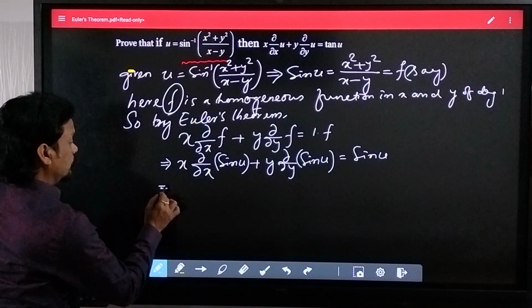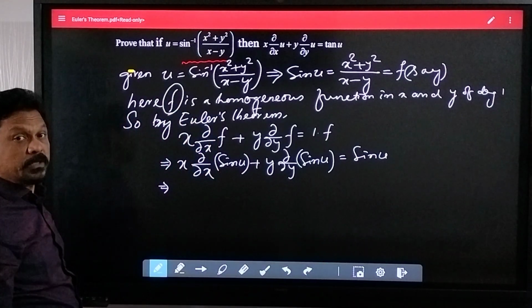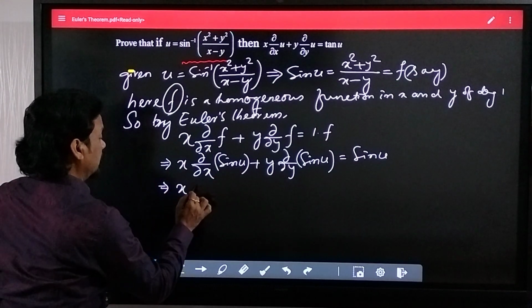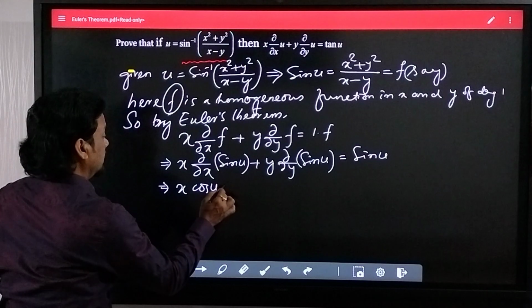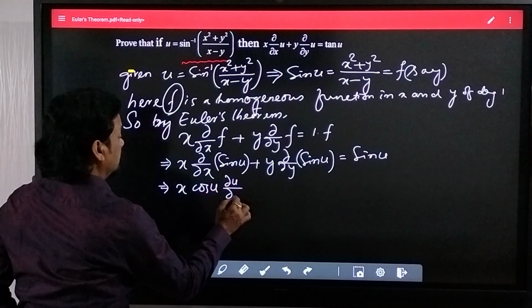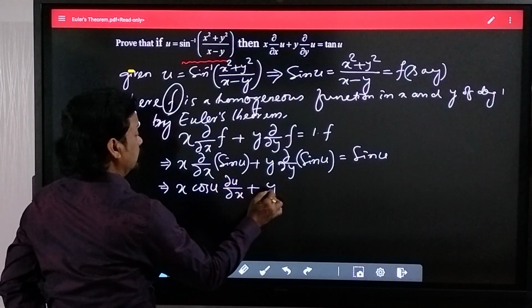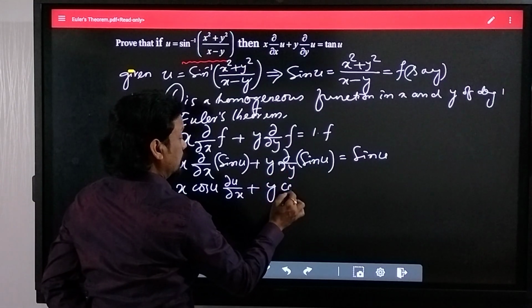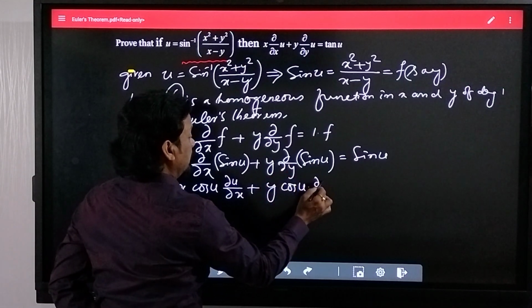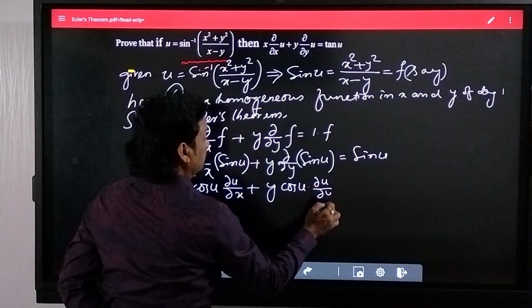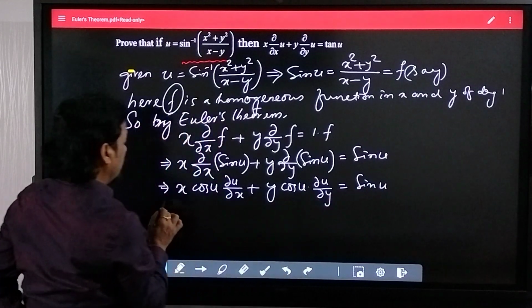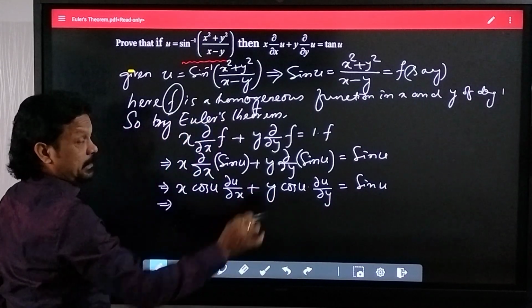Clear? So the derivative of sin u is cos u into del u by del x. x into derivative of sin u, it is cos u into del u by del x. This is y, again the derivative of u with respect to y, cos u into del u by del y is equal to sin u. So I am dividing cos u on both the sides.